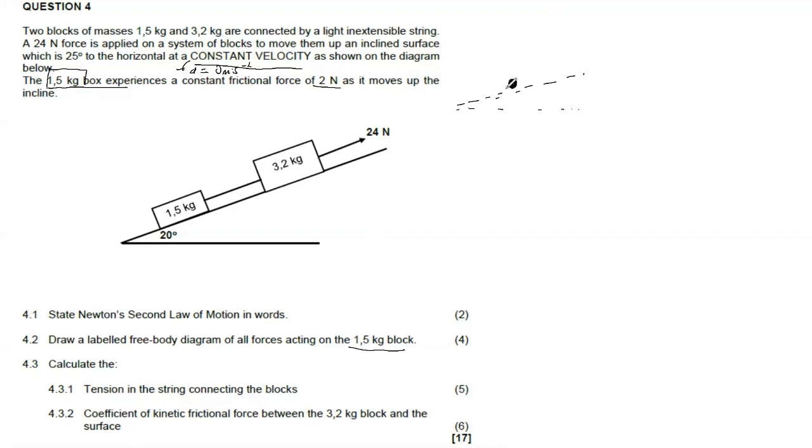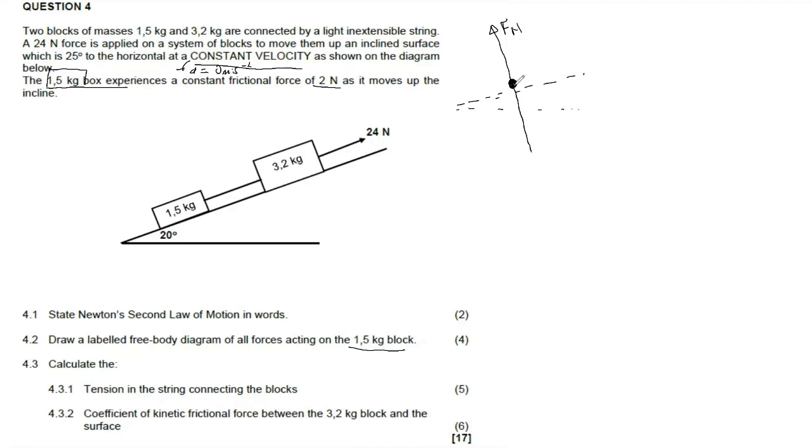So your normal force needs to be perpendicular to the inclined surface. So it's best when you start drawing that incline there, so that you see when it becomes perpendicular there. So let me just erase here.